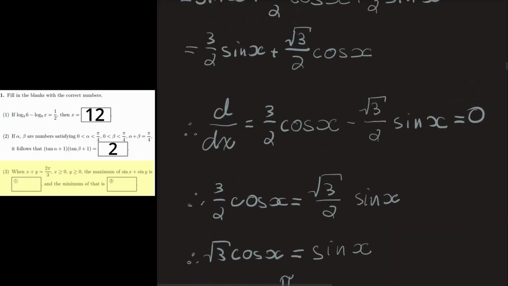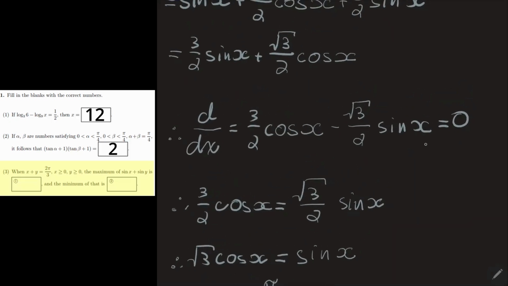To do that, we rearrange our equation a little bit, and we get that the square root of 3 times cosine of x is equal to sine of x. Here you just need to be able to recognize that this corresponds to the special common angles.